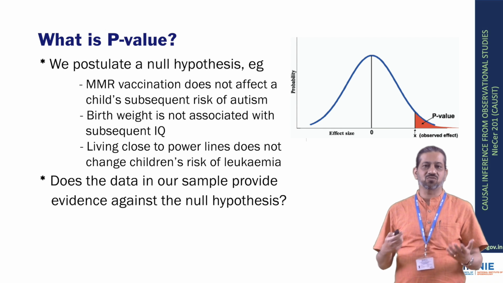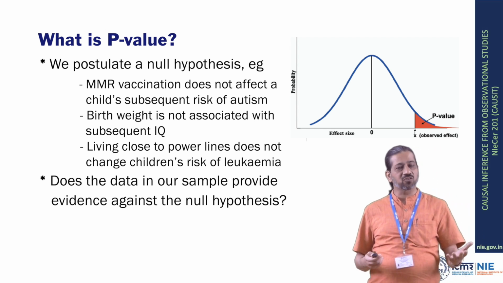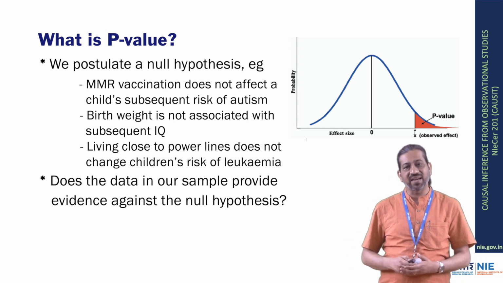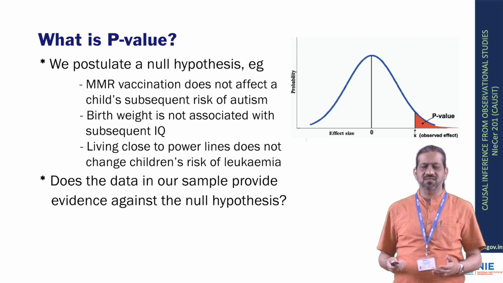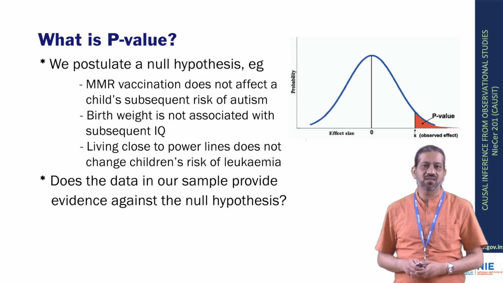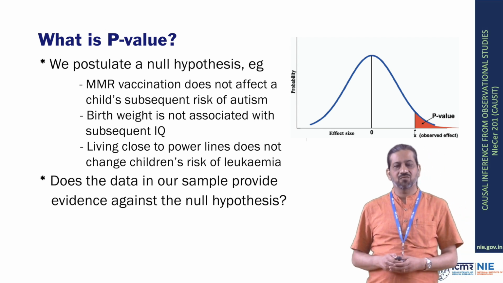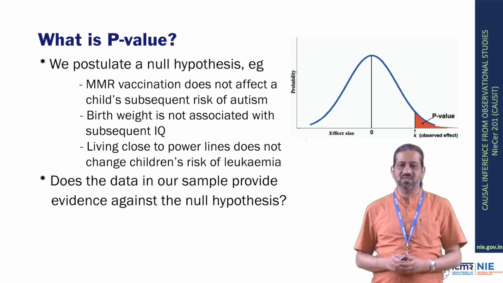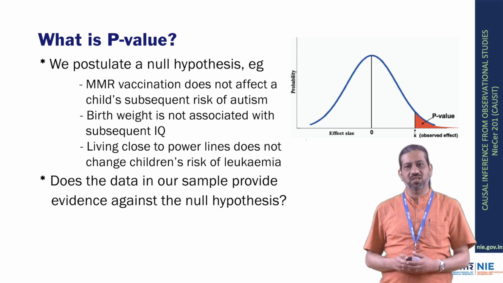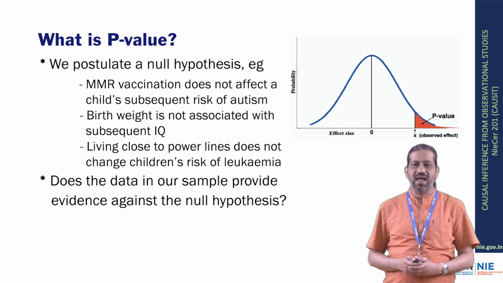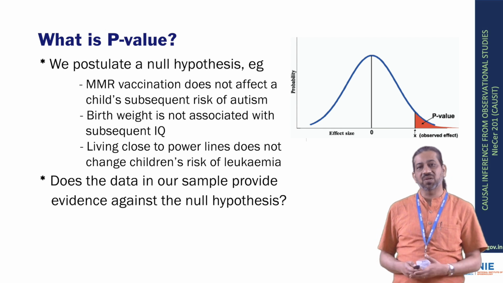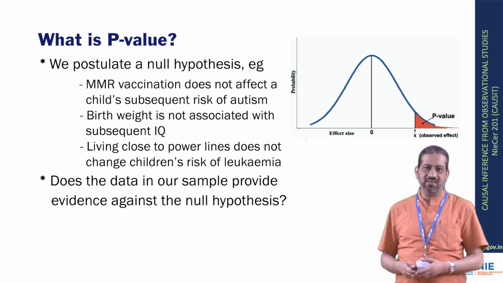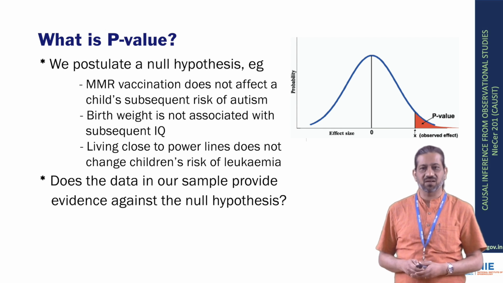If we're trying to study the relationship between birth weight and IQ as an adult, the null hypothesis would be that birth weight is not associated with subsequent IQ. If we're trying to assess the relationship between power lines and children's risk of leukemia, our null hypothesis would be that living close to the power lines does not change the children's risk of leukemia.